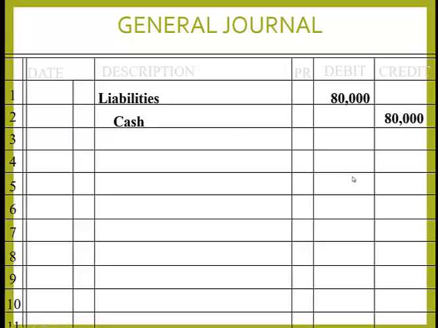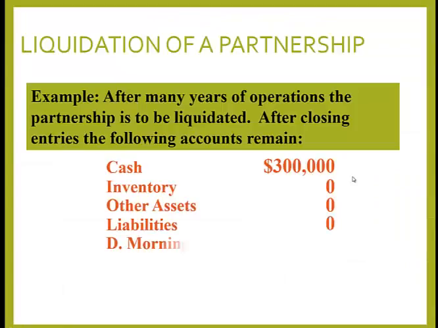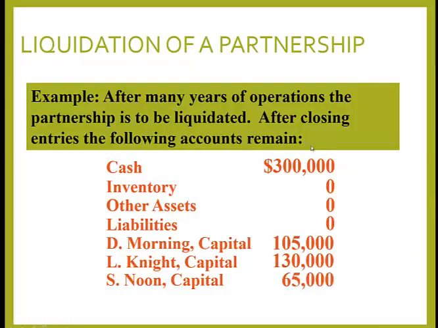So let's look at our balances after this transaction. Okay, cash was decreased by $80,000, so its balance is down to $300,000. We still have no assets because we sold those, and then we paid off our liabilities, so now it has a zero balance. Paying off your liabilities has no effect on your partner capital balances, so they will not have changed.